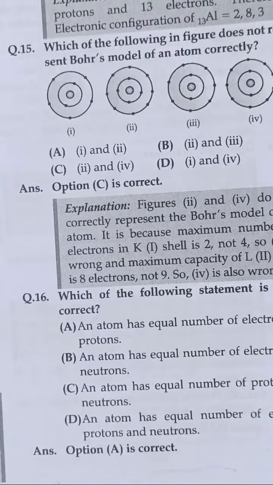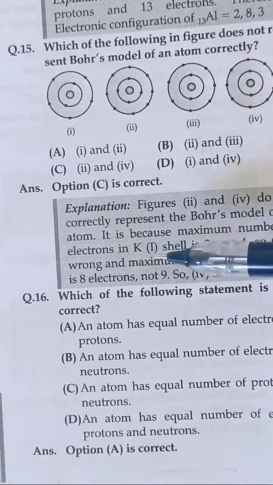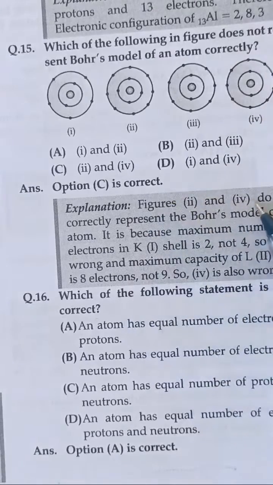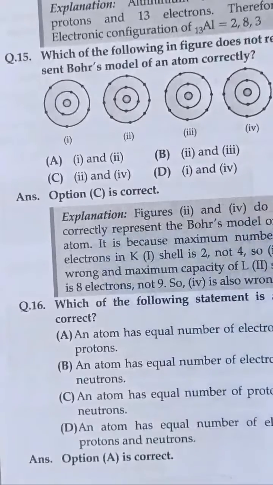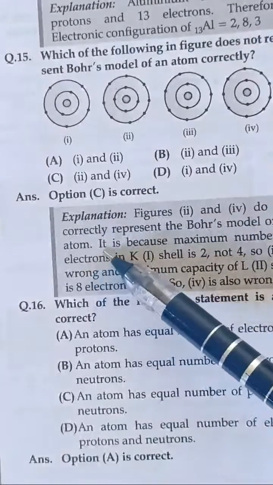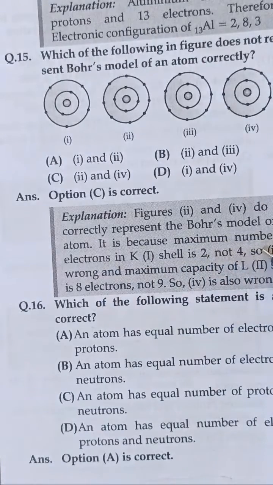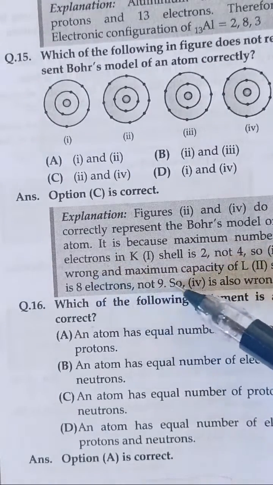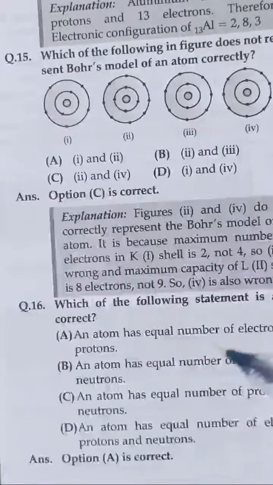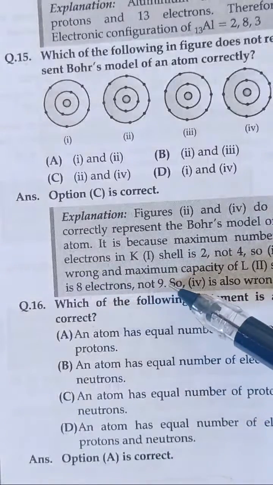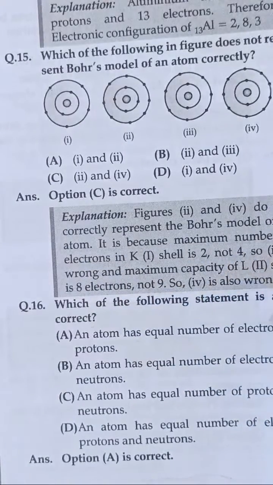In the K shell, the capacity is 2, not 4, so the second is wrong. The maximum capacity of the L shell is 8, not 9, so the fourth is also wrong.